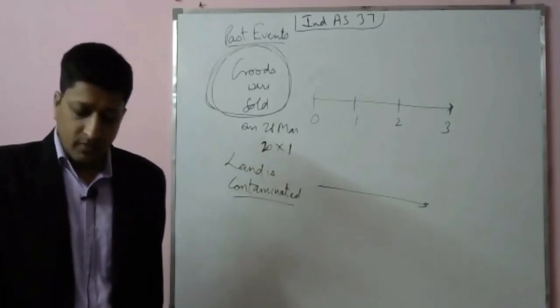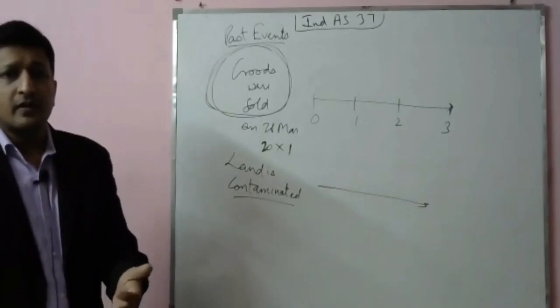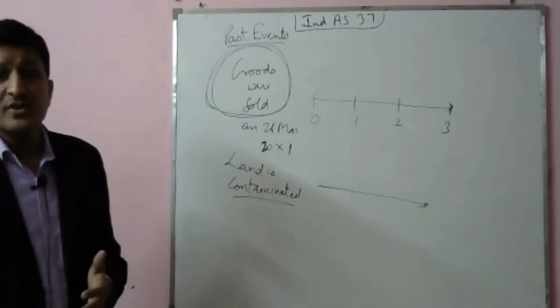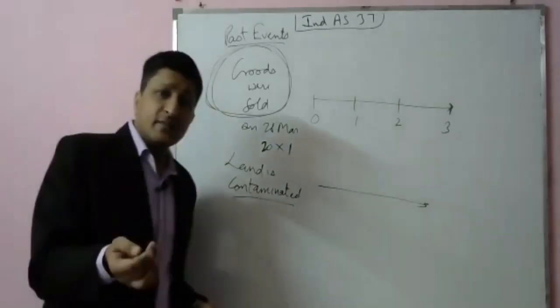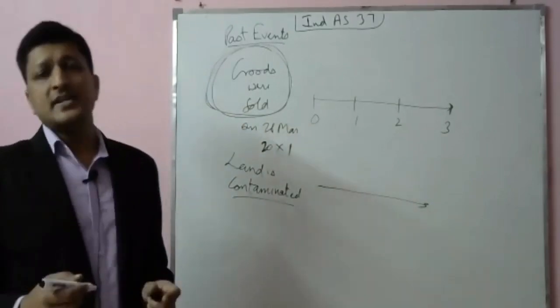She has confirmed. Now, if we talk about that decommissioning liability, let's apply the same principle over here. What is that decommissioning liability? That decommissioning liability is again a provision. And why would that arise?